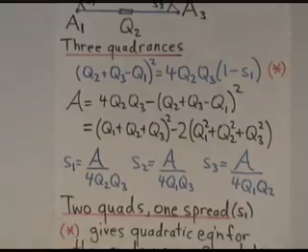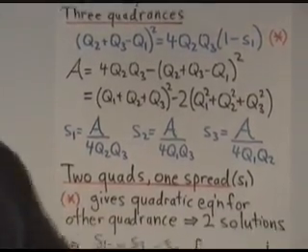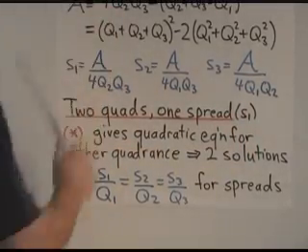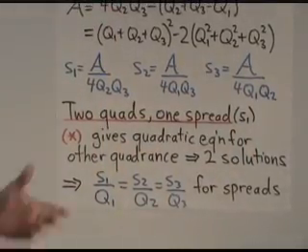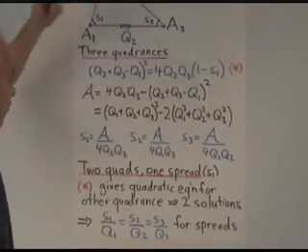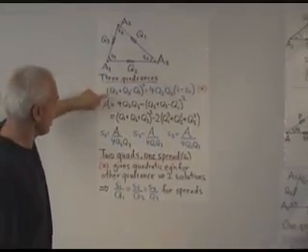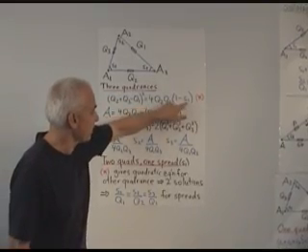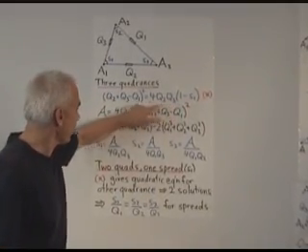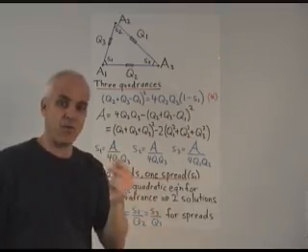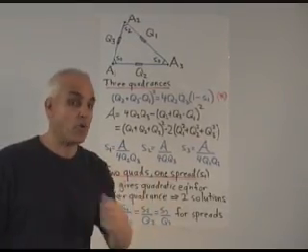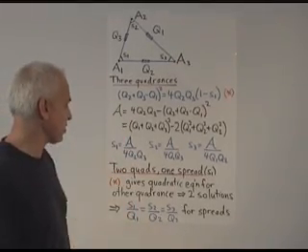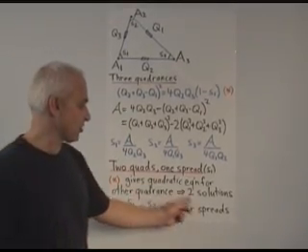Now let's have a look at what happens if you know 2 quadrances and 1 spread. Let's say the spread that we know is S1. It depends on which 2 quadrances we know, but the basic idea is if we know S1, we still go back to this cross law. The rest of the equation is a quadratic equation in the third unknown quadrance, whichever one it is. So it's a quadratic equation that we can solve, and we typically get 2 solutions.